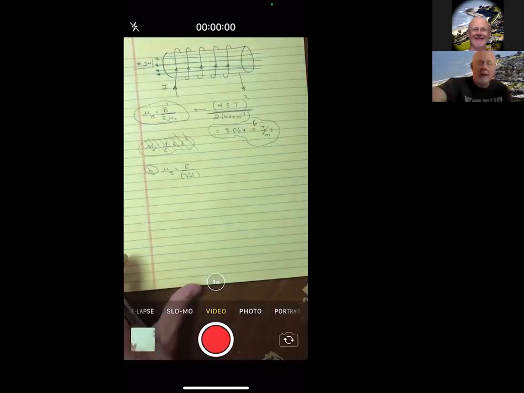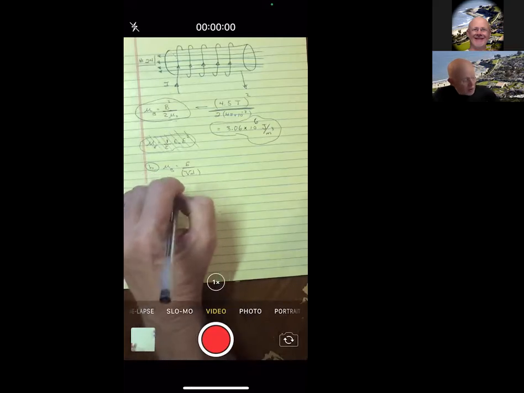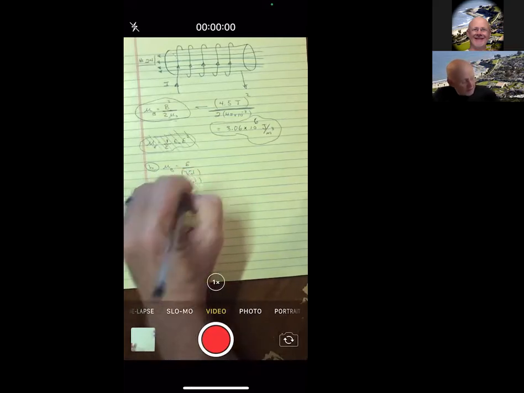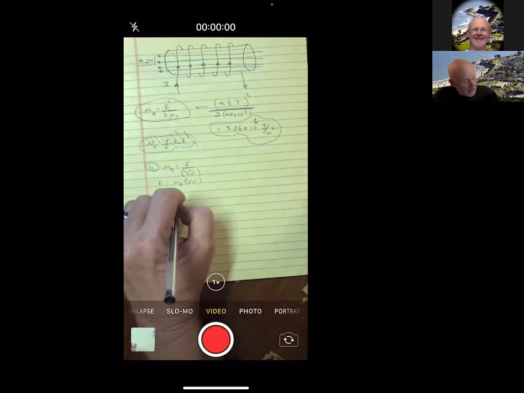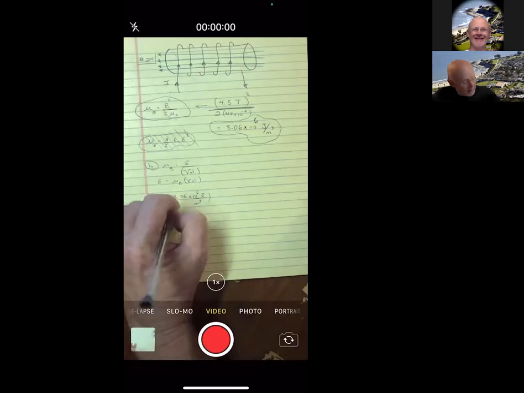So that could be confusing. So I'm gonna spell out volume, and then just rearrange this equation. So the total energy would be the energy density times the volume. And so this is the 8.06 times 10 to the 6 joules per cubic meter.